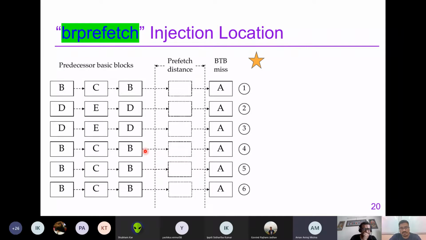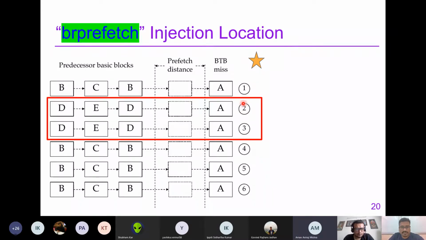Before these 20 cycles we have some preceding basic blocks which are leading up to these BTB misses. Now if we focus on these two particular misses, miss number 2 and 3, we can see that both of these paths have basic block E. That means if we insert our branch prefetch instruction in basic block E, it will be effective to cover these two misses.